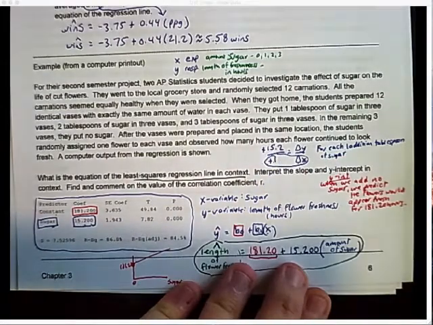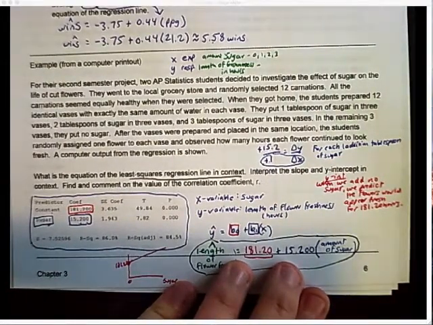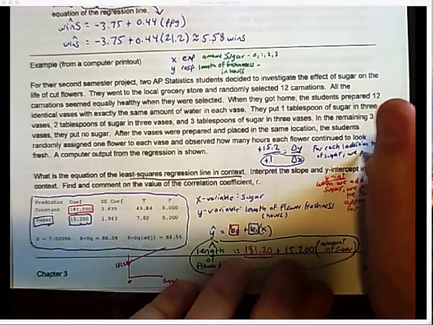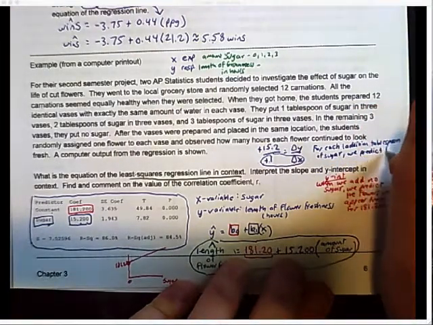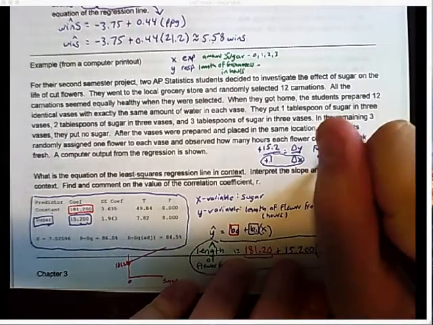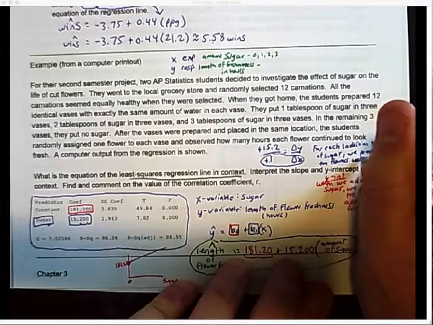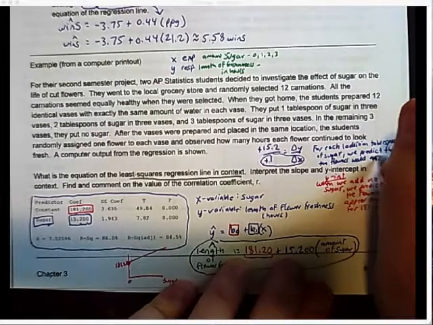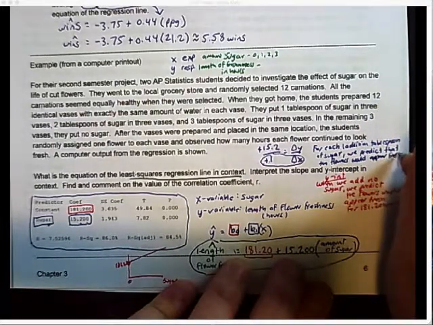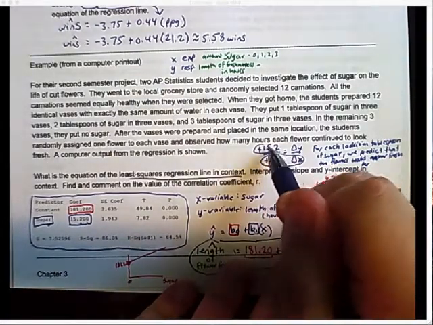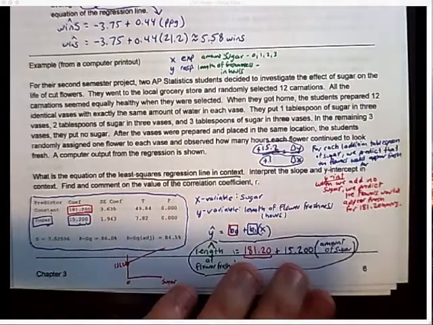For each 1 additional tablespoon of sugar, we predict that the flowers would appear fresh for a positive 15.2 hours.